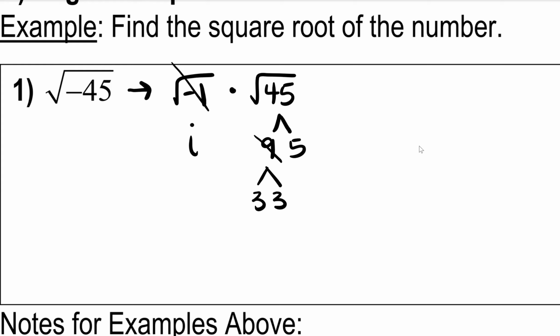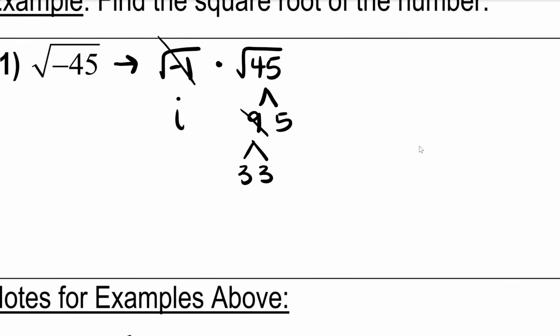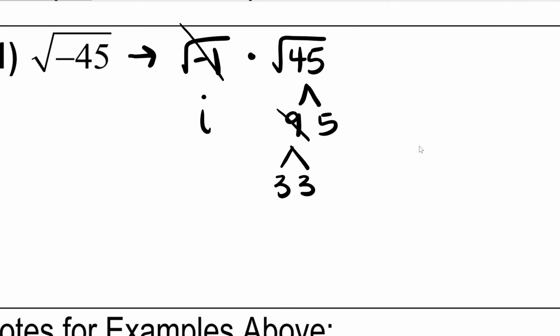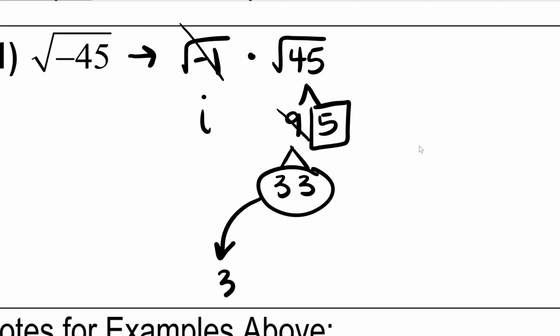So from here, I look for pairs of numbers, so groups of 2. I have a pair of 3s, and then my 5 is just by itself. So for every pair, my 3 comes out of the square root. My 5, my individual, stays in.